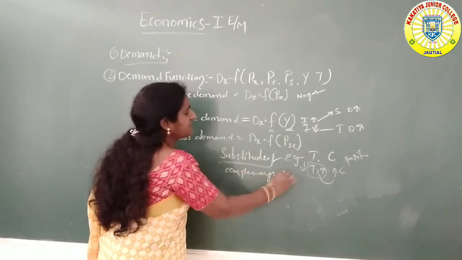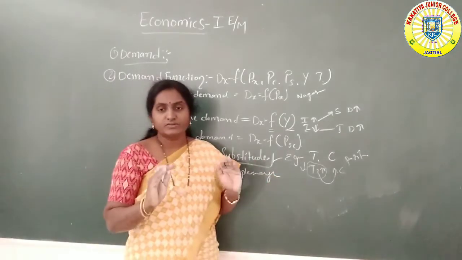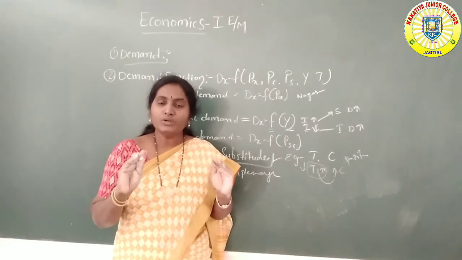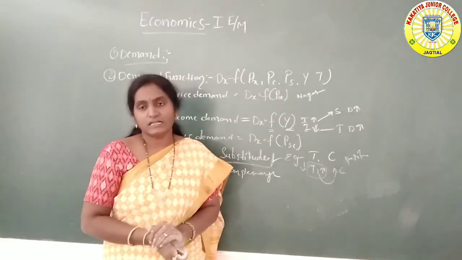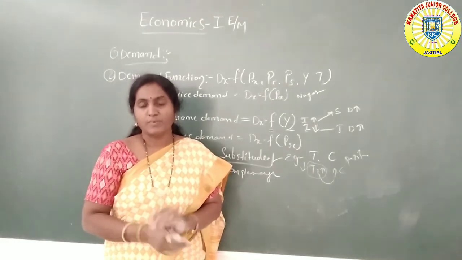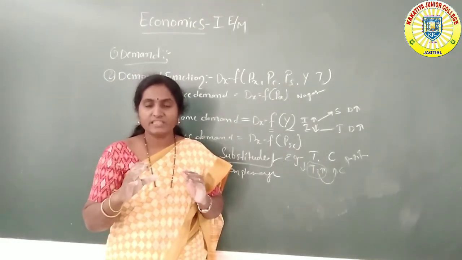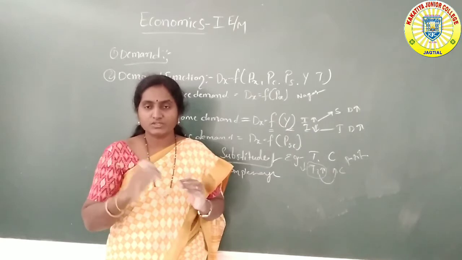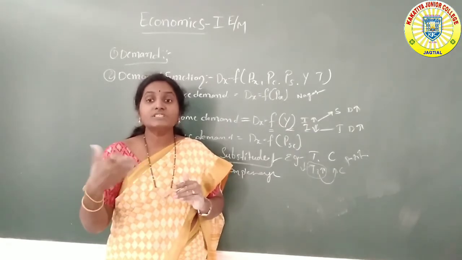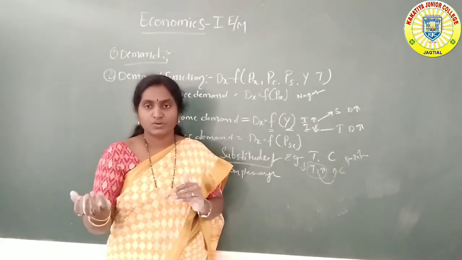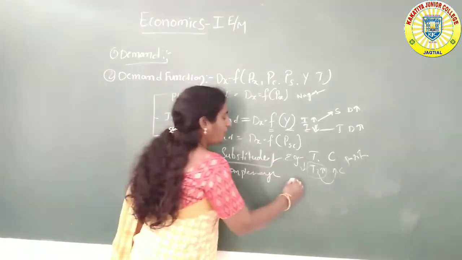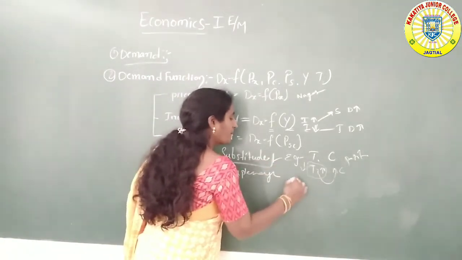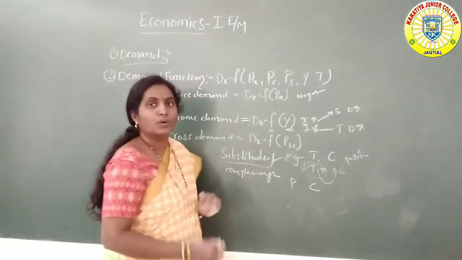Complementary means two different goods jointly satisfying the consumer. For example, to satisfy one want of the consumer, he needs more than one good or service, for example, car and petrol.